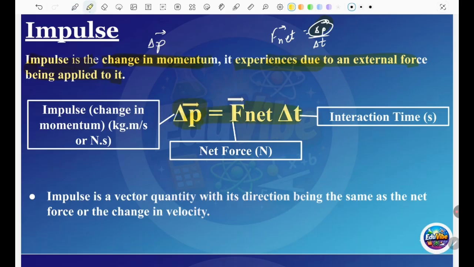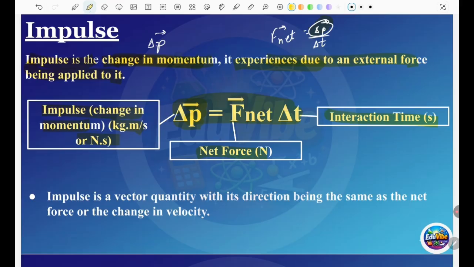This is the formula where delta p is the change in momentum in kg meter per second, net force is in Newtons, and delta t is the interaction time in seconds. The interaction time is how long the interaction lasts due to the impulse, the change in momentum.